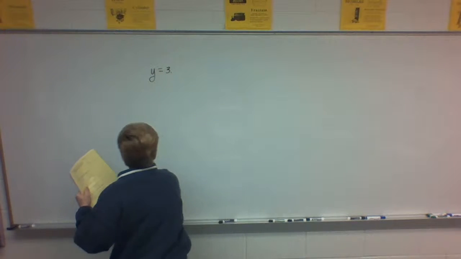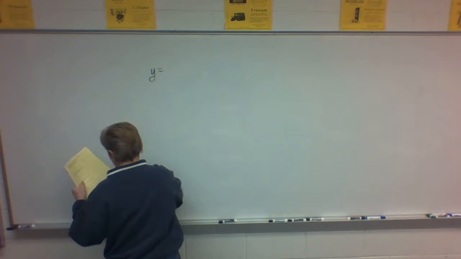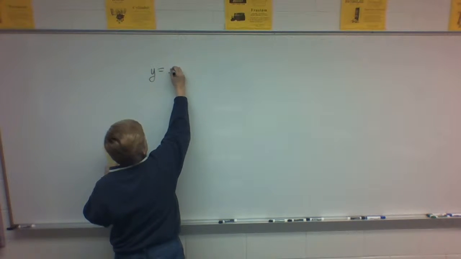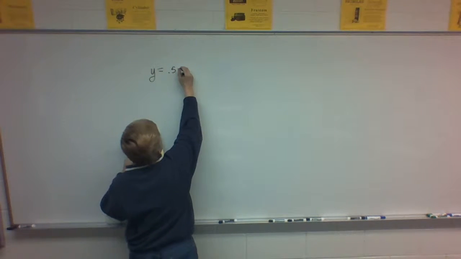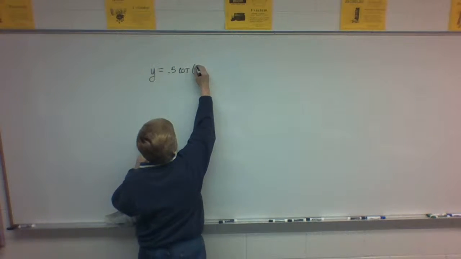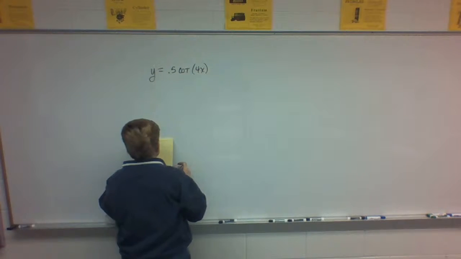I want to do something smaller, because it'll be a lot easier to graph. Let's do 0.5 cotangent of 4x.